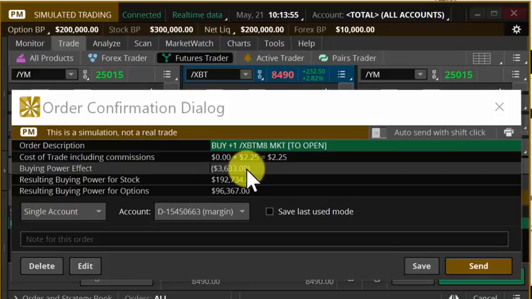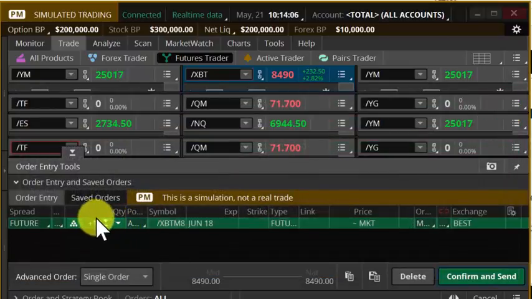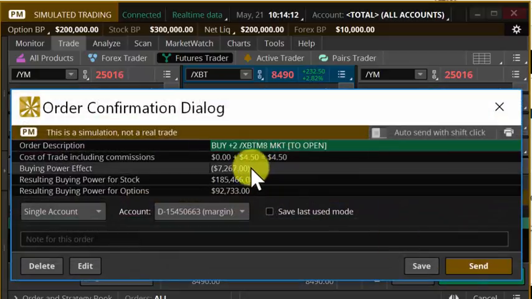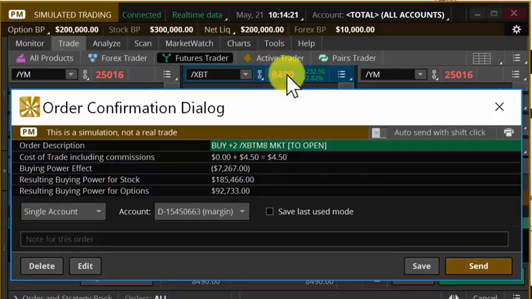And so it's good if you want to buy, let's say you want to buy like 2 Bitcoin, right? So you change this to 2, right? And you click confirm, and it's like, for $7,000 in a reduction of your buying power, you can buy 2 Bitcoin, and that's still less than the price of Bitcoin, which is 8,500.